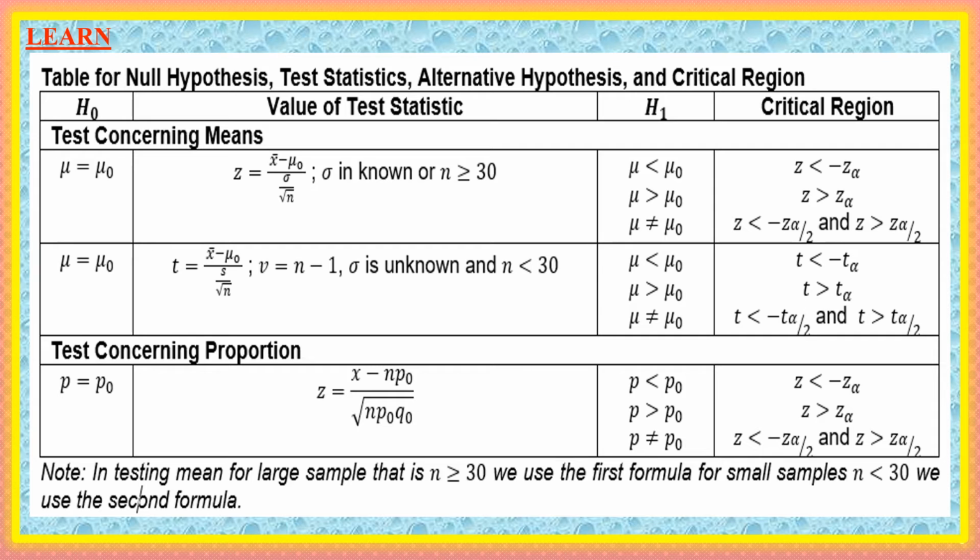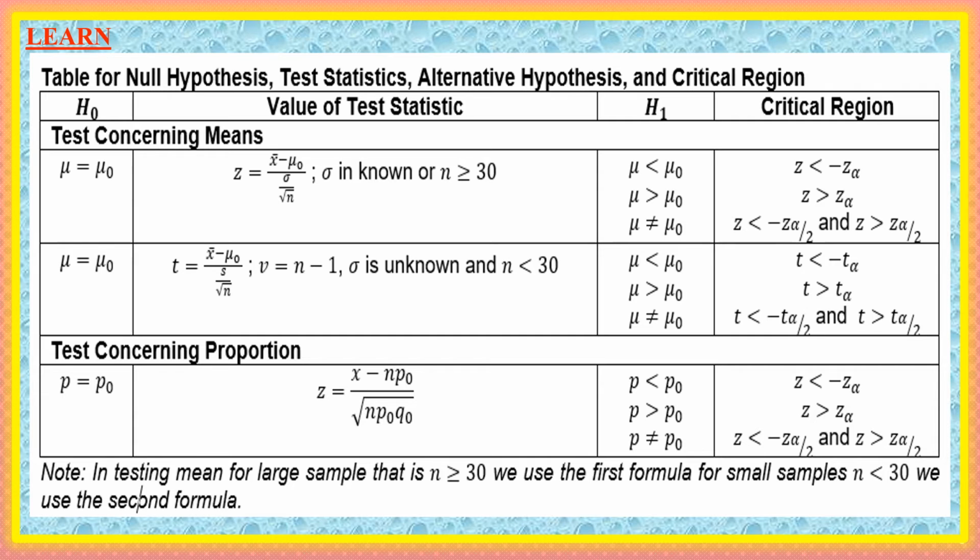So for our alternative hypothesis of p less than p null, your critical region is z less than negative z sub alpha. For p greater than p null, you have z greater than z sub alpha. For alternative, which is p not equal to p null, you have z less than negative z sub alpha over 2 and z greater than positive z sub alpha over 2.